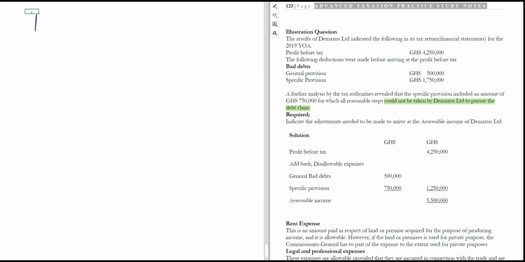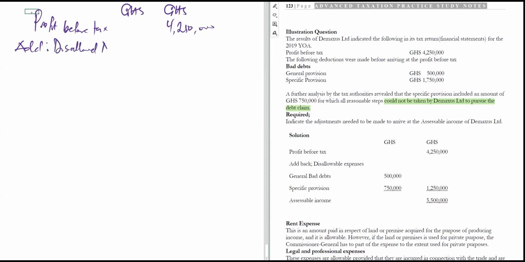First, I'm going to take the profit before tax. How much was the profit before tax? 4,250,000. Then I'm going to add disallowable deductions. The general bad debt we do not allow, right?